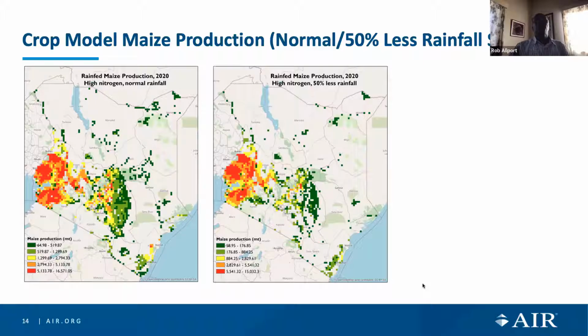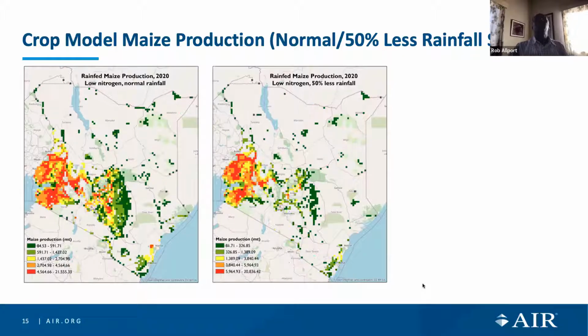Right now, as we speak, most of the production of maize is in Western Kenya, and that's why you are seeing good rain characteristics. The production still shows, even when you decrease the rainfall of the same year you are trying to run the scenarios, you still get a bit more production.